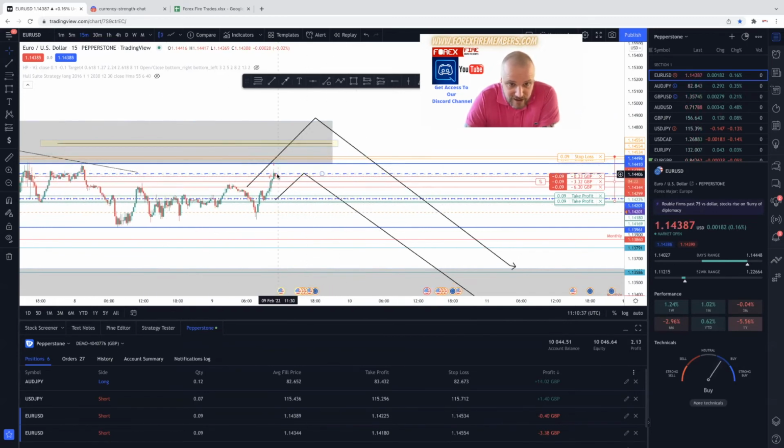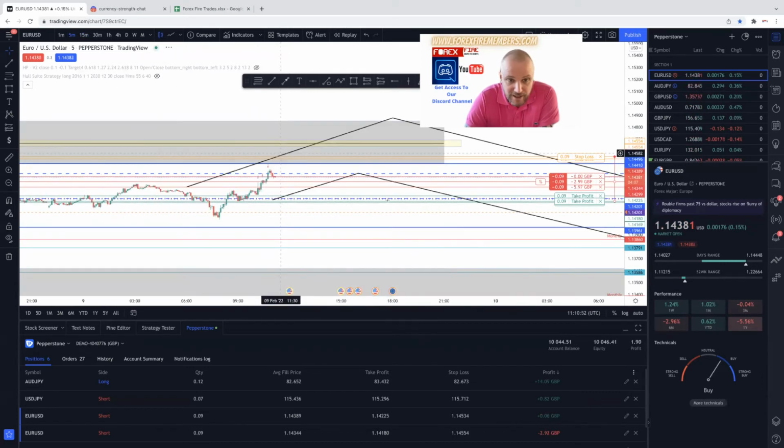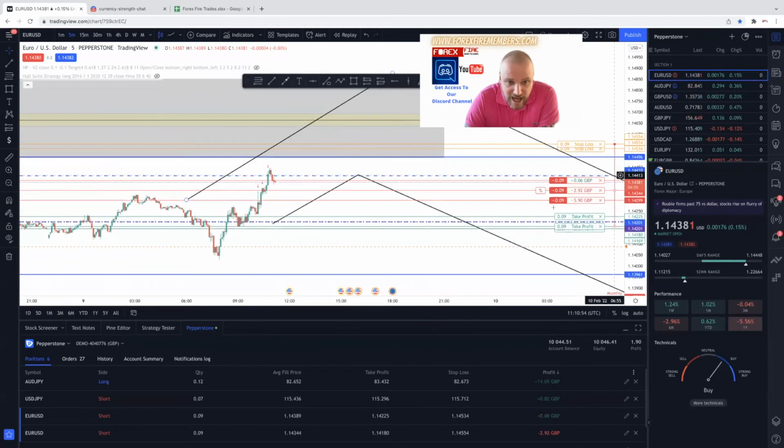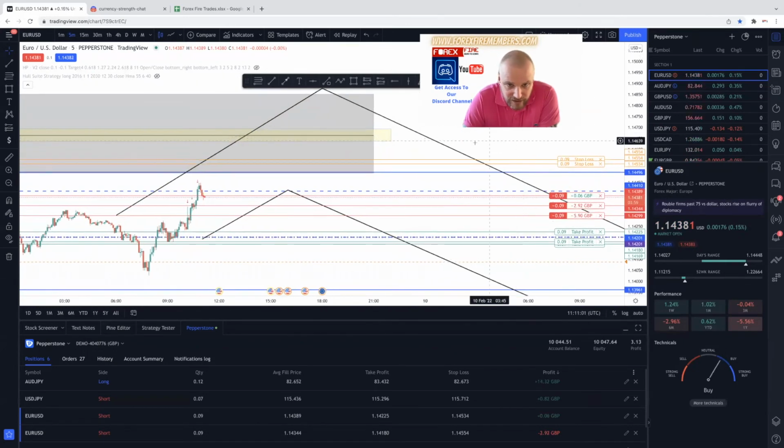This would have been the close of the daily candle. That's the wick high. The wick low between the dotted blue lines is the open and close of the daily candle. We've rejected off that nicely, and these areas hold really true to psychological levels.